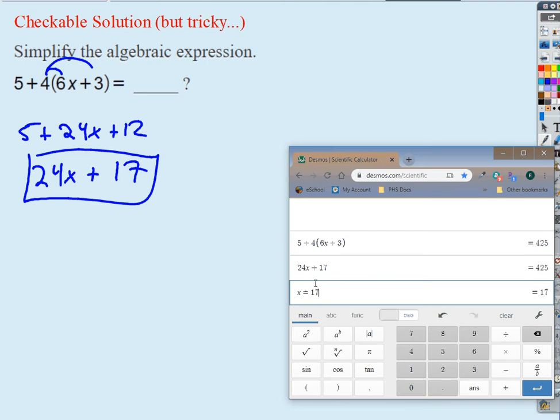It works. And if I really want to be very particular about this, I could say, okay, it worked for 17. How about if I try it for one more? If I try it for 8, it still works, right? So I did it right. Everybody see that? Because I'm getting the same value for both expressions. That's a really good way to check it.